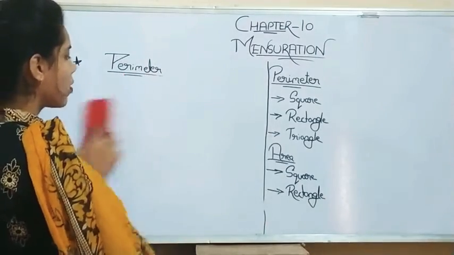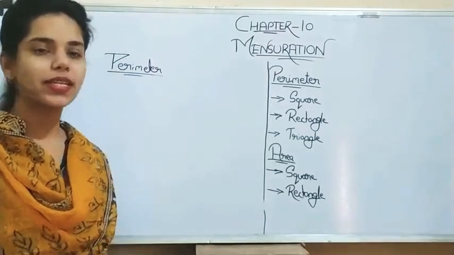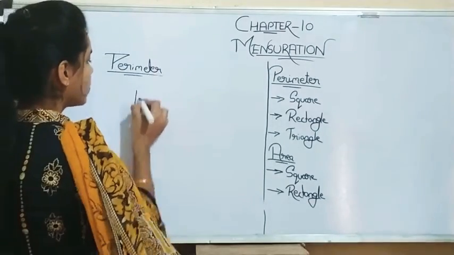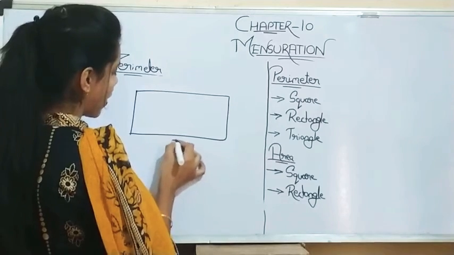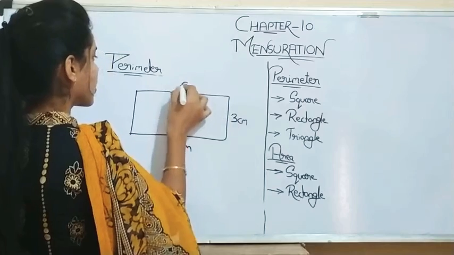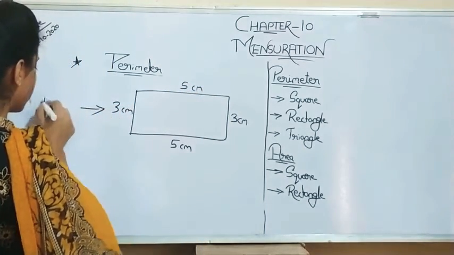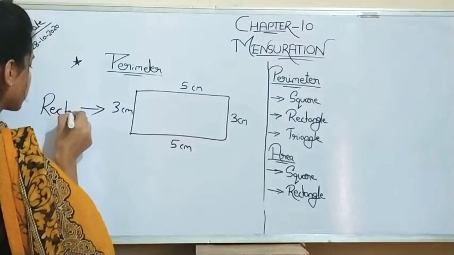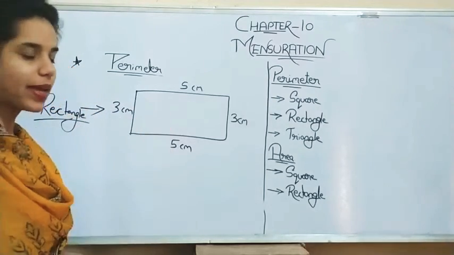Now perimeter of rectangle. What is a rectangle? One whose opposite sides are equal. Suppose this is 5 centimeter, this is 3 centimeter. Opposite sides are equal in a rectangle.